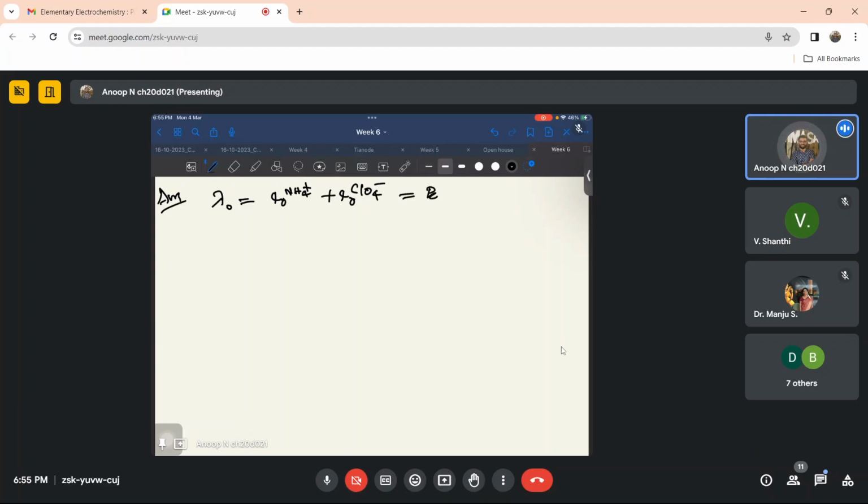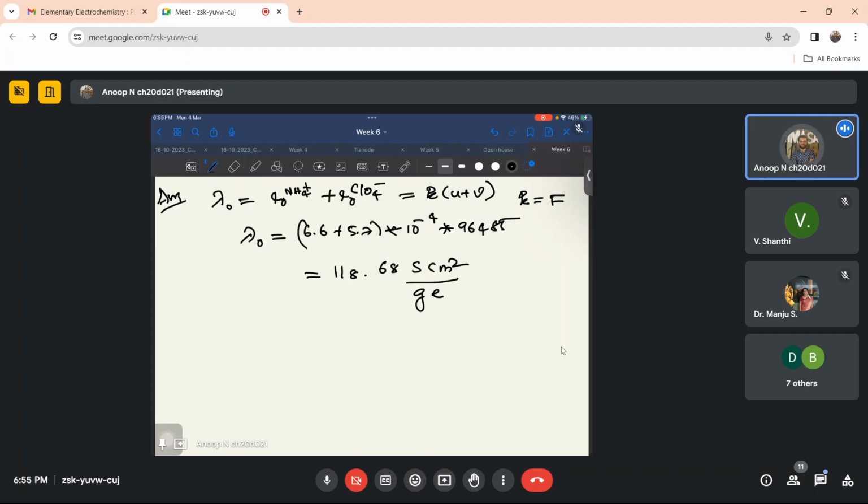So how will you write this? F into U plus V. Clear? In the previous part we have written K is nothing but F. The values of ionic mobilities are given, so it's straightforward. Lambda 0 is equal to 6.6 plus 5.7 into 10 raised to minus 4 into 96485. So it is nothing but 118.68 Siemens centimeter squared per gram equivalent. Clear?